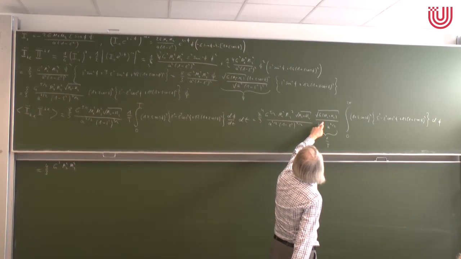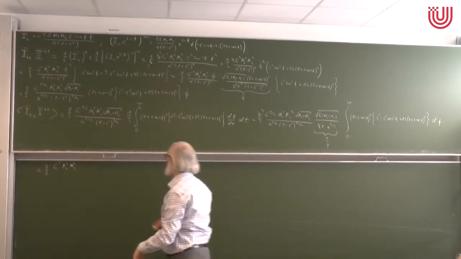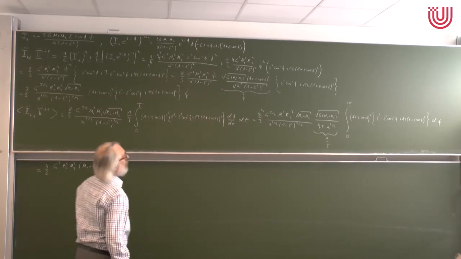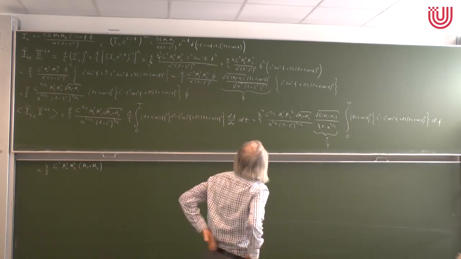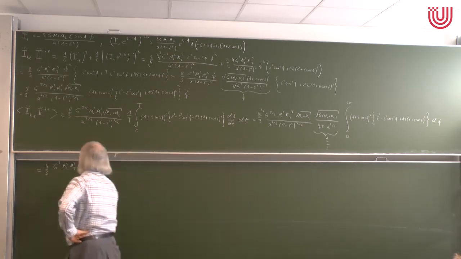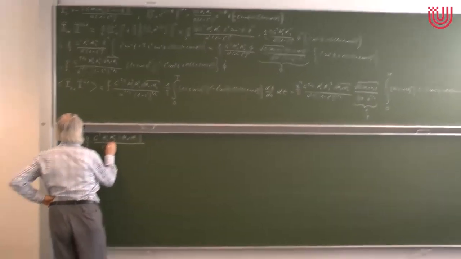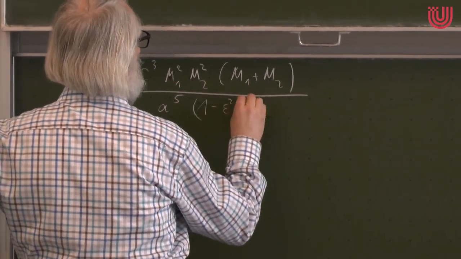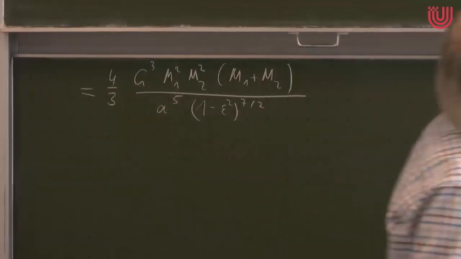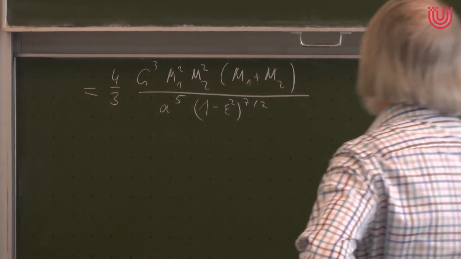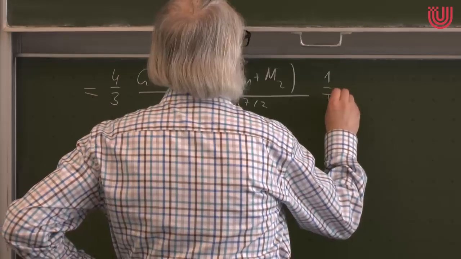Root M1 plus M2 squared, so this gives M1 plus M2. And in the denominator I have a to the 10 half, this is a to the 5. And 1 minus epsilon squared to the 7 half. And there is a pi. I think I have everything else.